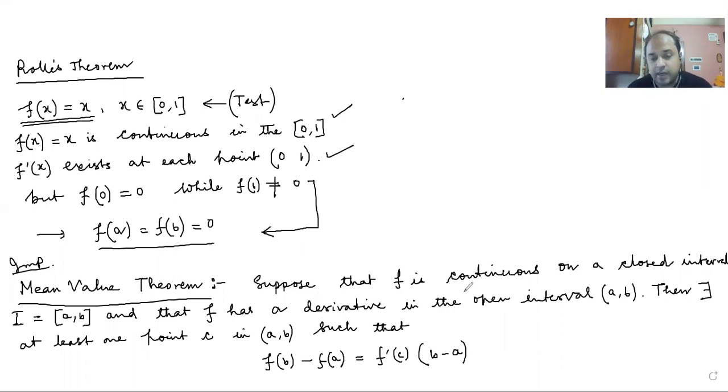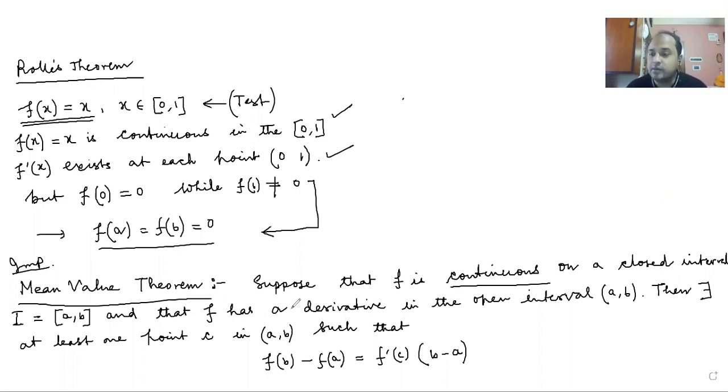If you want to compare the mean value theorem with Rolle's theorem, you will see what conditions are present in each. In Rolle's theorem, the first condition was that the function is continuous on a closed interval, so it is also present in the mean value theorem.